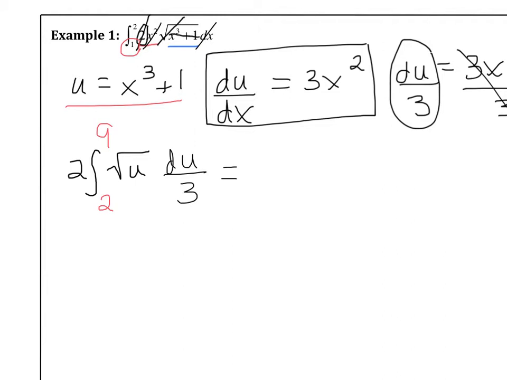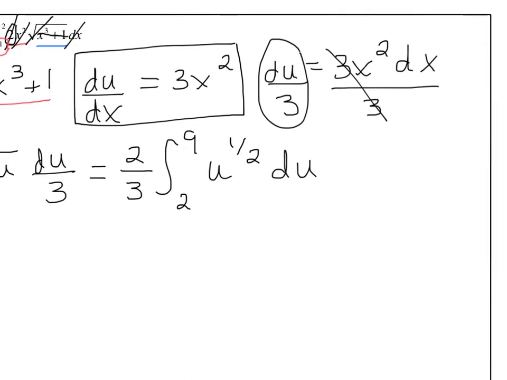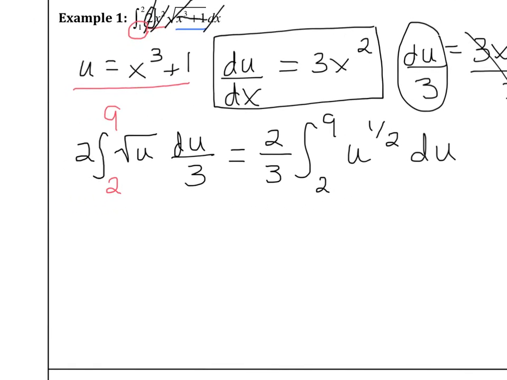I'm going to factor out that over 3, one less thing to deal with. So I will end up with a 2/3 in front. I will still have my from 2 to 9. I'll think of root u as u to the 1/2, and then this is just peachy. All right, so when we undifferentiate, I'll keep the 2/3 out in front.